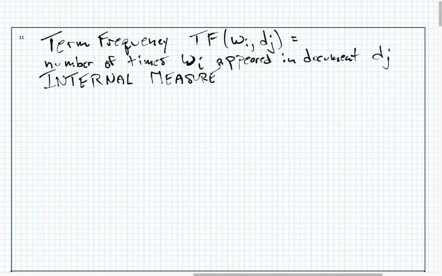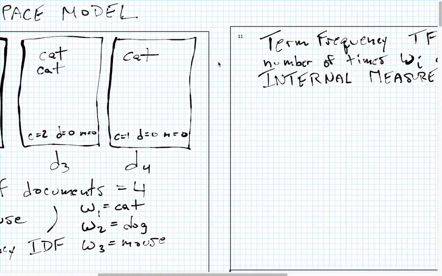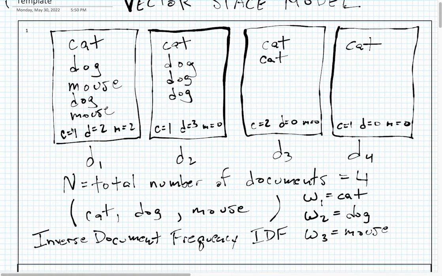In other words, if we come back over here and look at this, we can see that the term frequency for cat in D1 is 1. The term frequency for dog in D1 is 2. But if I come over here, the term frequency for dog in D2 is 3. The term frequency for dog in D3 is 0.